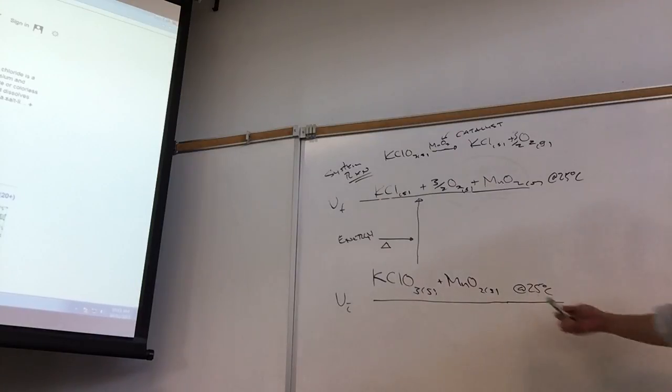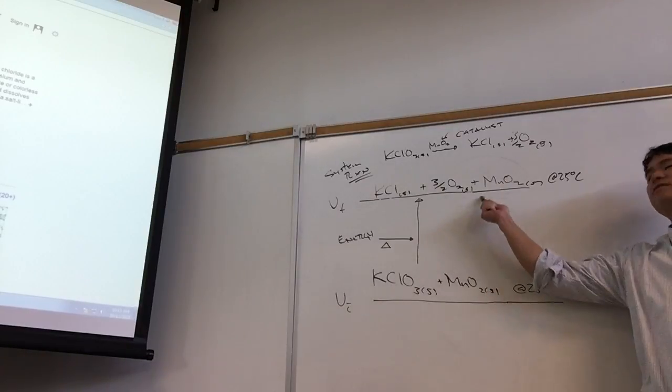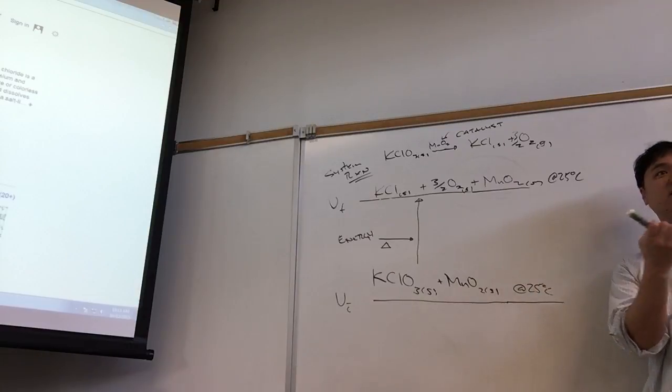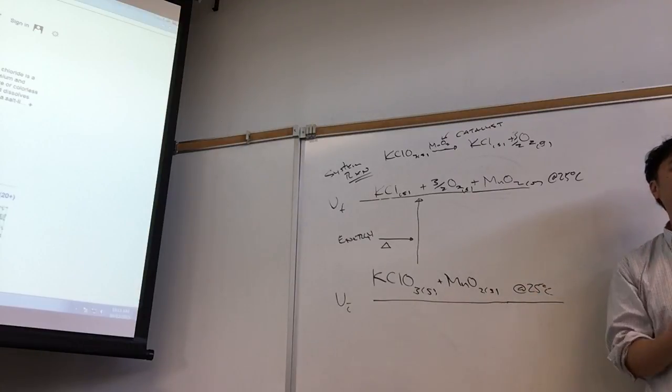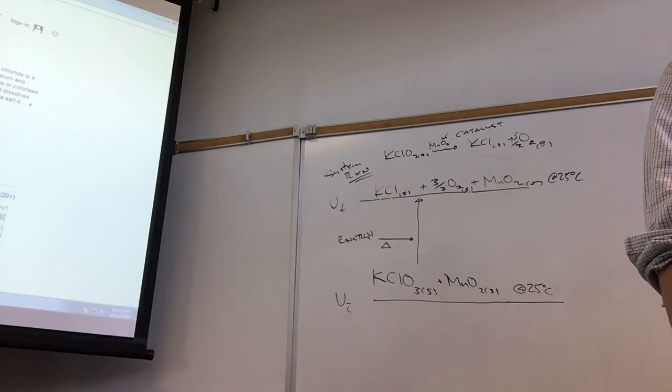Now, if we do this under constant pressure versus constant volume, it yields different amounts of energy. And so that's why it's so important to keep track of this. Because if this were done at constant volume, we treat it one way. If this is done at constant pressure, we treat it another way. And so let's do this under constant volume.